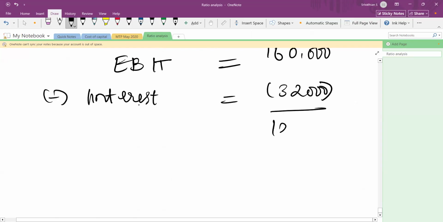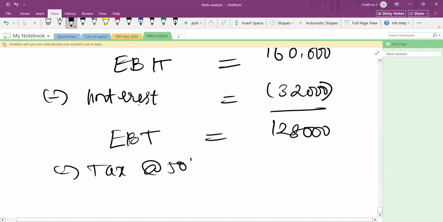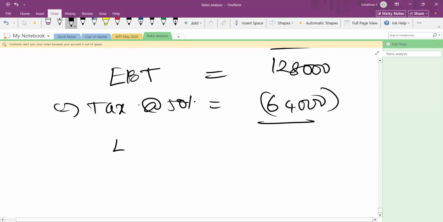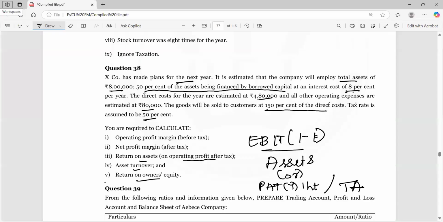So this is 1,28,000, EBT, minus tax 50%. So tax will be 64,000. We get EAT as 64,000. So that's all, right? So quickly calculate all the ratios and tell me the numbers.